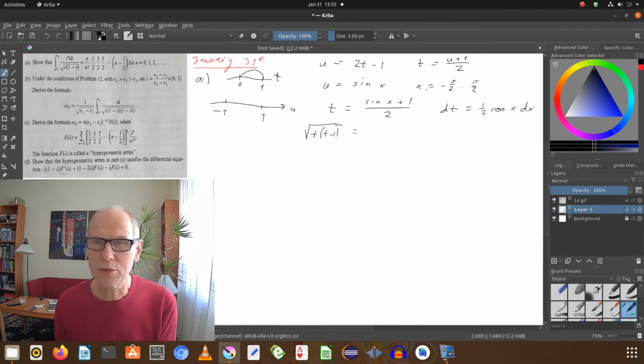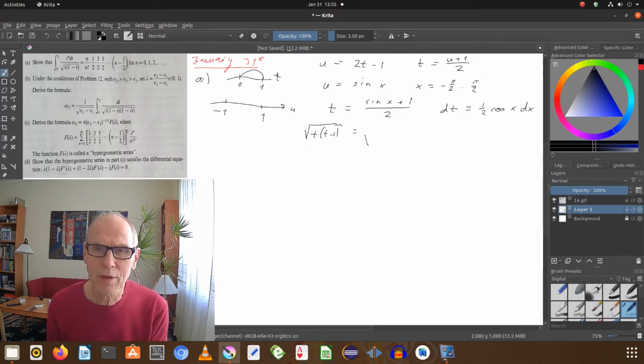Well, let's do it step by step. So it's u plus 1 halves, and then u minus 1 halves being multiplied. And u was sine x.